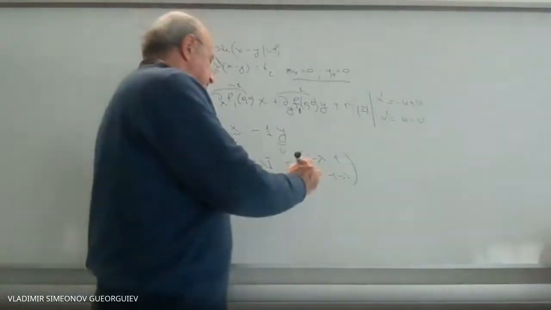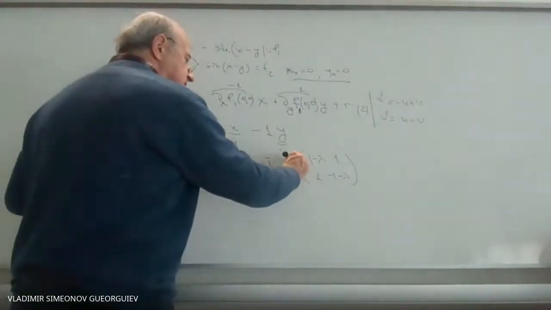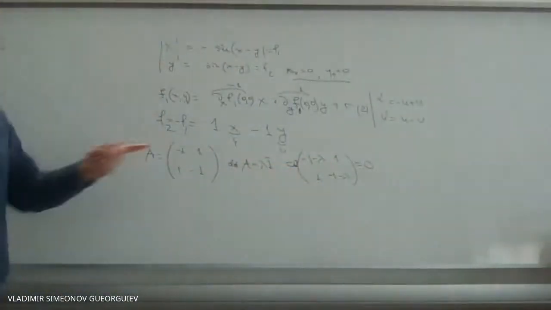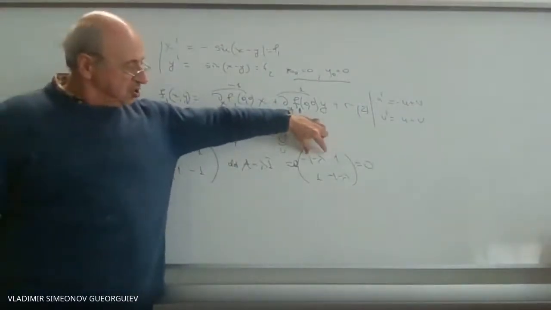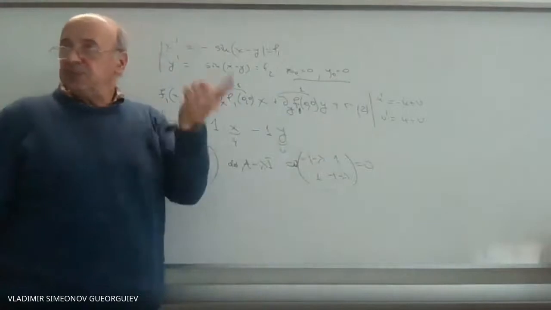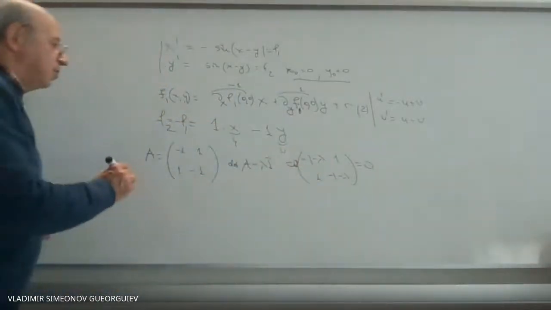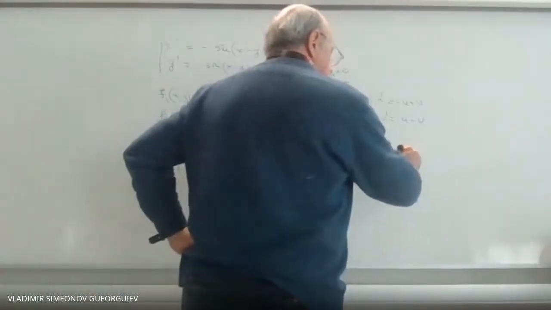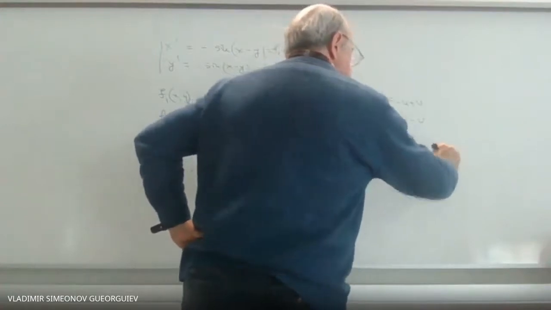Therefore, we have determinant equals 0. But this determinant, you can compute. If I change this by this, what is this? This is 1 plus lambda squared, because we have always minus. So our characteristic equation is 1 plus lambda squared minus 1 equals 0.